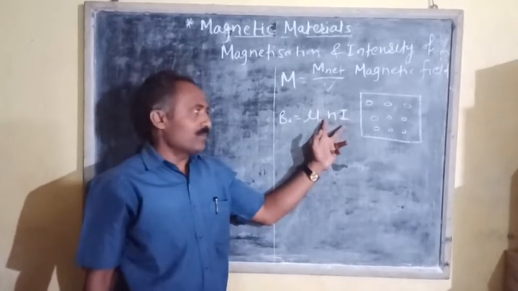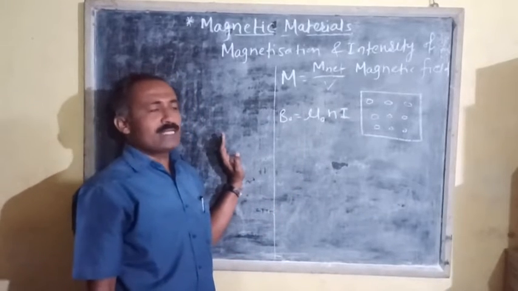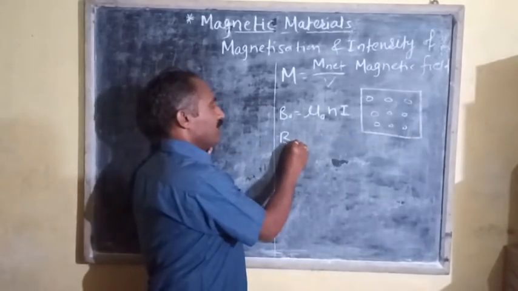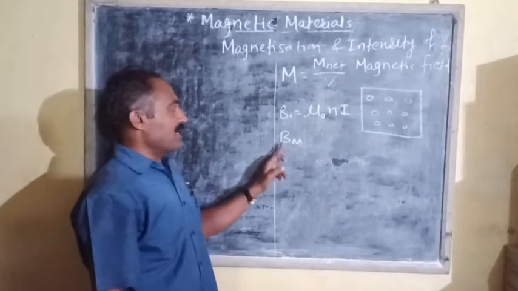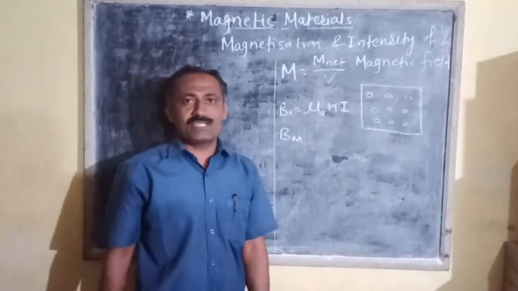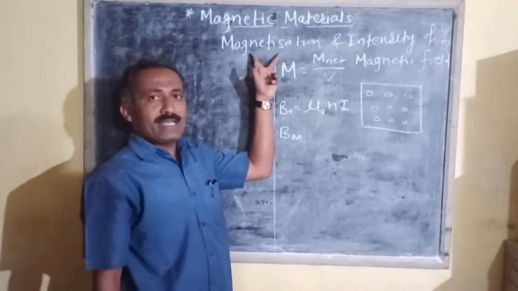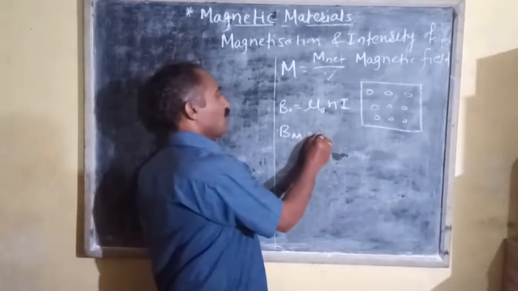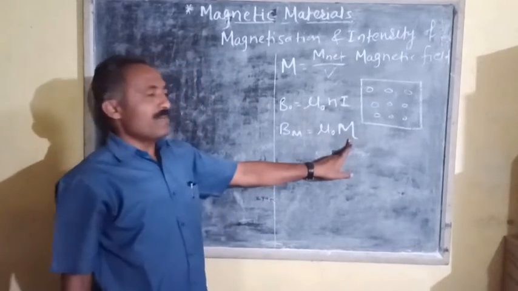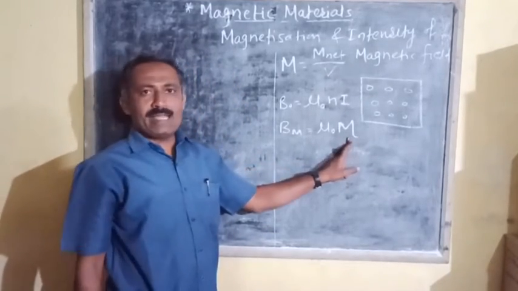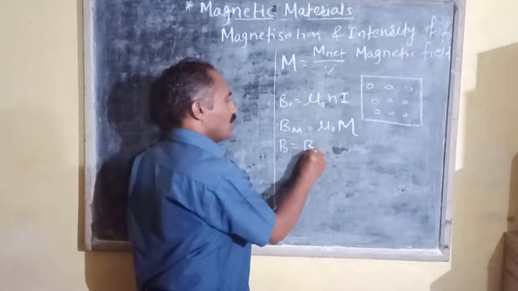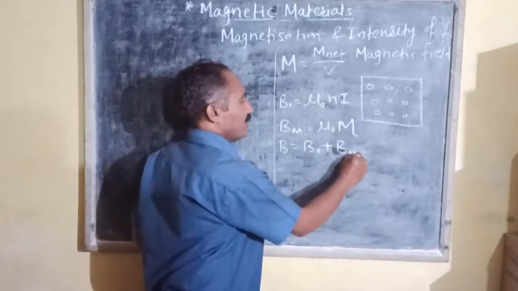The magnetic field contributed by the rod inside the solenoid is denoted by Bm, for magnetic material. Magnetic induction produced by the magnetic material is directly proportional to the magnetization, or we can write it is equal to mu 0 M, where M is the magnetization. Therefore the total magnetic field inside the solenoid is given by B is equal to B0 plus Bm.